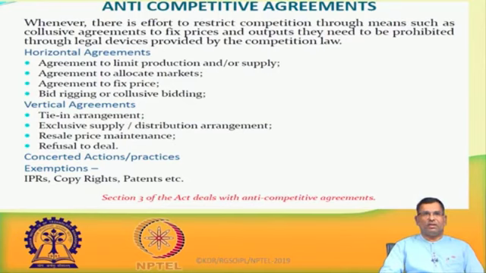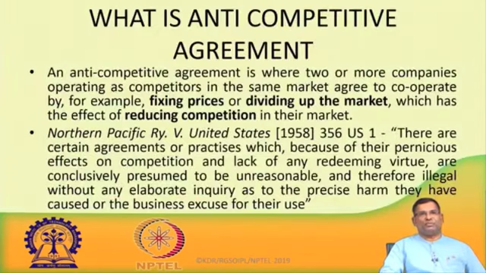The vertical agreements include tie-in arrangements, exclusive supply or distribution arrangements, resale price maintenance, refusal to deal and other concerted actions and practices, which we will see in the coming classes. And today our focus is on the horizontal agreements.